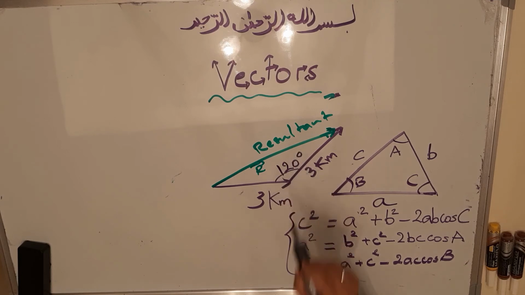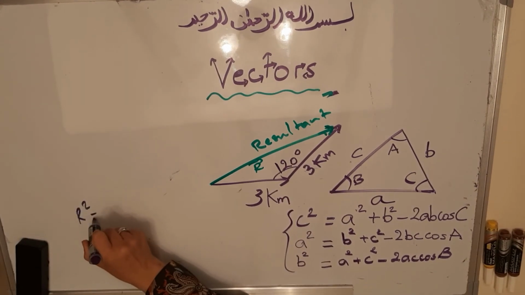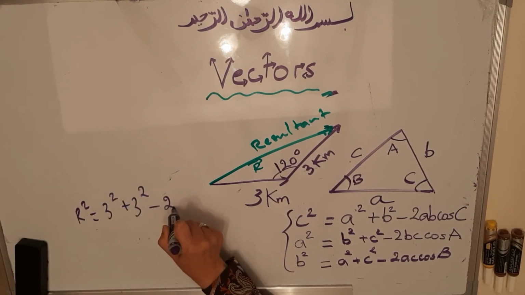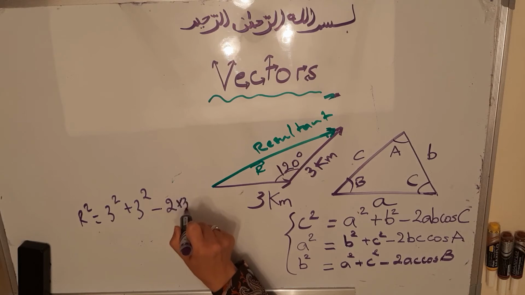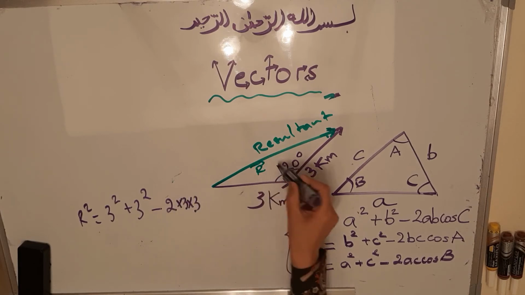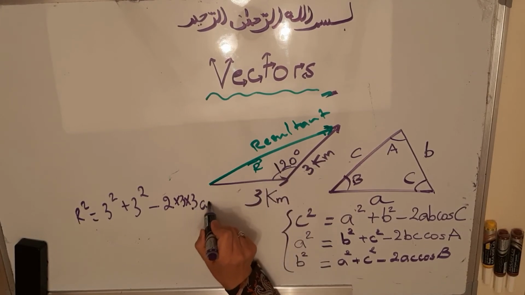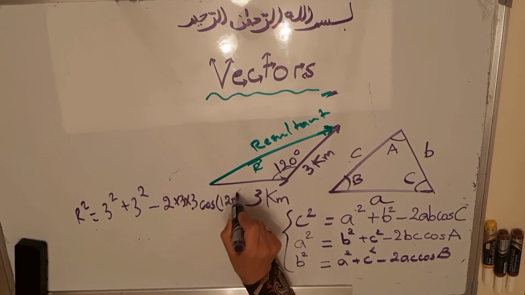120 degrees here. So r squared is going to be 3 squared plus 3 squared minus 2 times 3 times 3 cosine of what? Cosine of the angle that is facing this side, which is 120 degrees, okay?